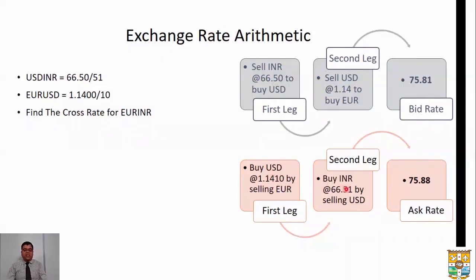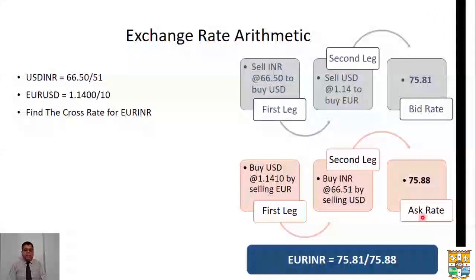Thereafter, we will sell the USD to buy INR at 66.51. Again, we will multiply the quotes and we get 75.88. Okay, so this comes to be the ask rate. Therefore, we can say that the rate for Euro INR will be 75.81, 75.88. I will explain this again.